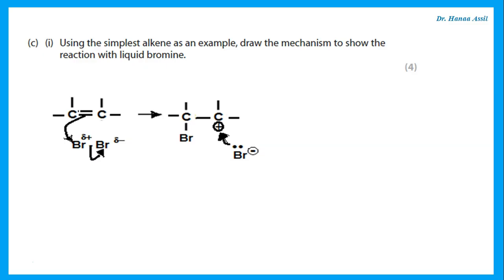So one of the bromines is slightly positive, the other is slightly negative, and we have electrons from the double bond attacking the slightly positive end, and the electrons in the bond between the two bromines go to the slightly negative bromine, and that gives a carbocation. And then the Br minus that now has these extra electrons will attack the carbocation to be placed on the other carbon.